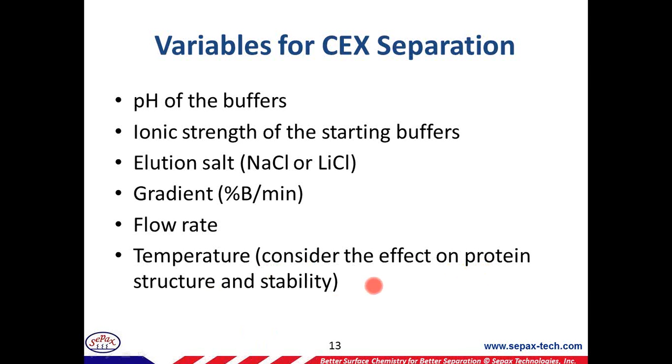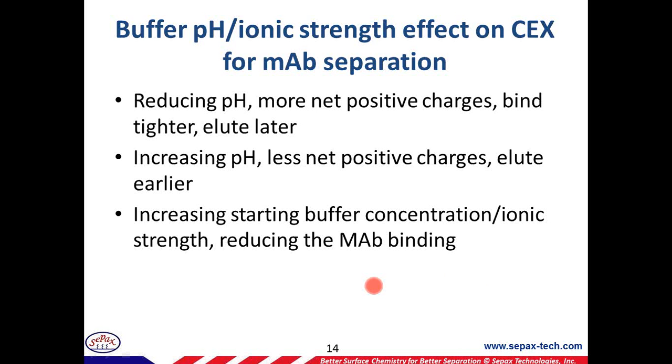All right, let's go through these parameters one by one and see some examples of how they impact the separation. First, the buffer pH and ionic strength effect on the cation exchange separation of antibodies. As you probably remember, we talked about a titration curve.